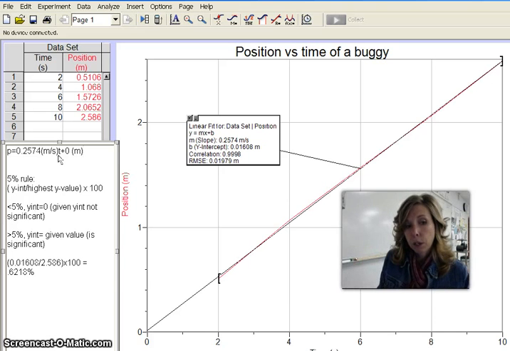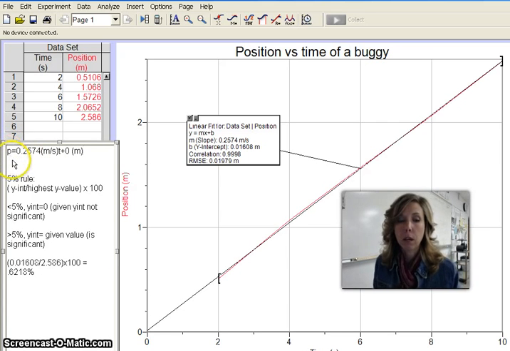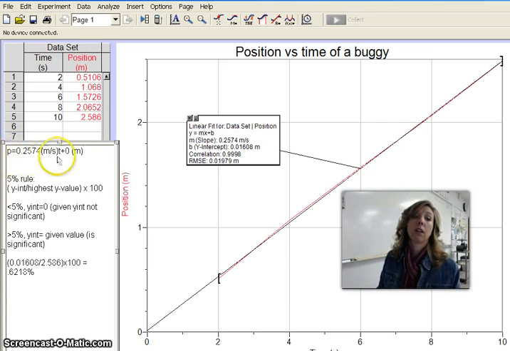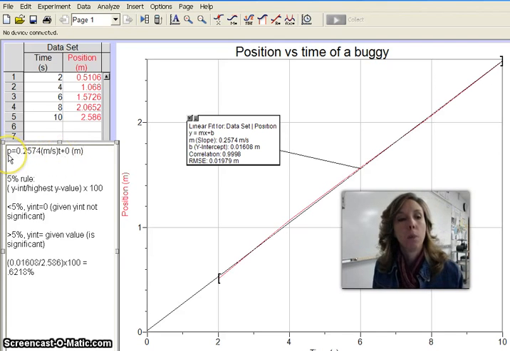I would put in 20 here for time, or 100 seconds, or 1,000,000 seconds. I know the relationship, so we can use this to predict. Or maybe I want to know at what time the buggy would be at a certain position. I could put in 1,000,000 meters, and I could calculate the time it would take to go 1,000,000 meters.